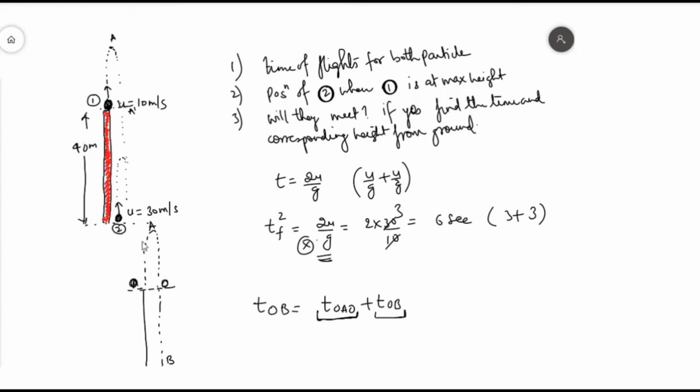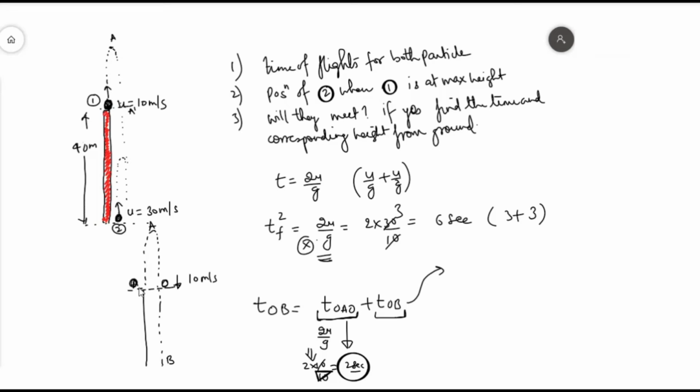So T O A O is again 2u by g, and for particle 1, u is 10, so this gives 2 into 10 divided by 10. This is nothing but 2 seconds. Now think about how we can calculate T O B. At point O, the particle has a downward speed that is still 10 meters per second, which we proved at the start of the video.